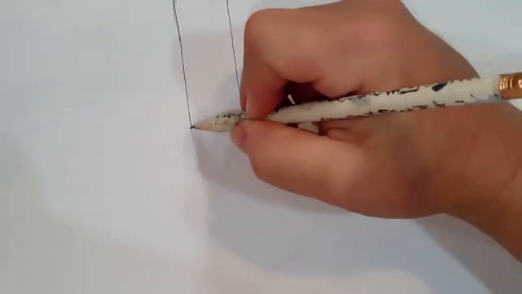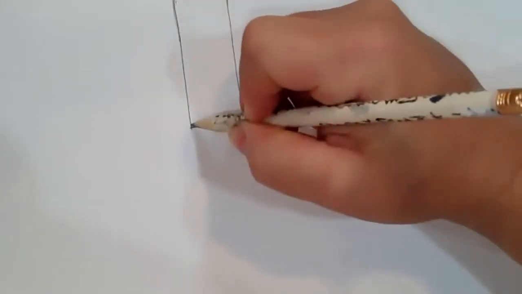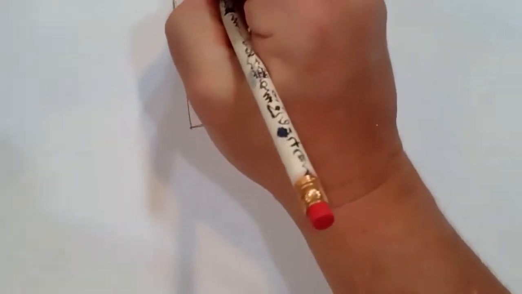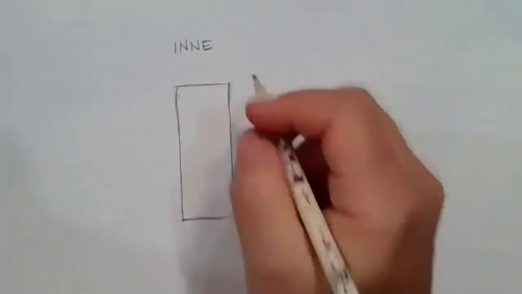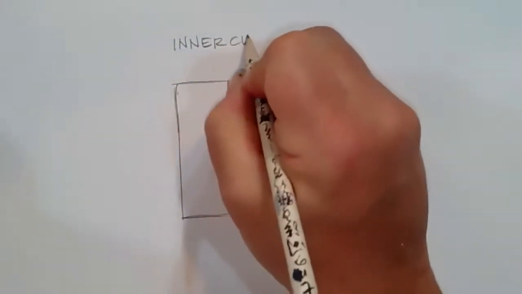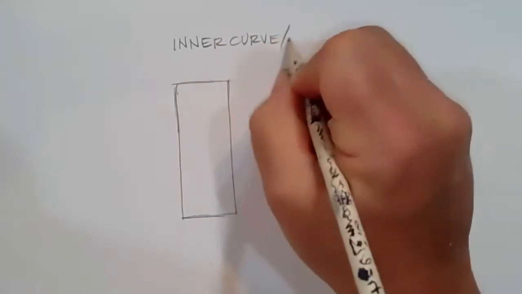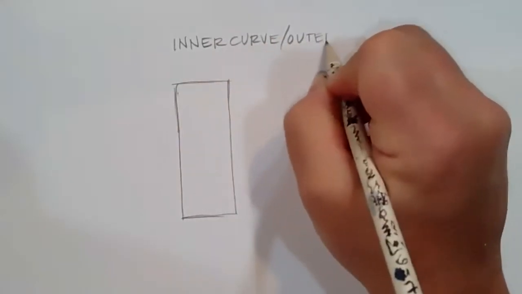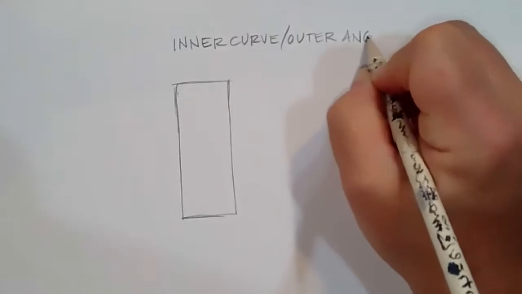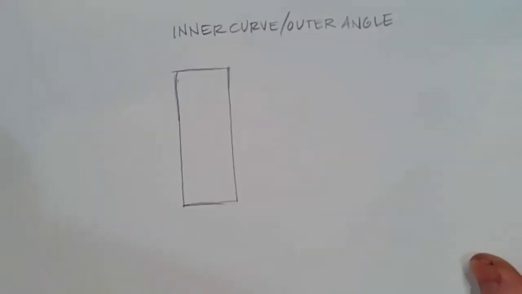So what happens if, and remember, we're going to do inner curve, outer angle. This is what this alphabet's about. Sheet down, Julie? Sure. Thank you. So this alphabet is about the inner curve and the outer angle, okay? So we want to keep that in mind when we do our letters.